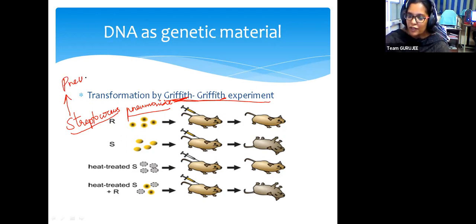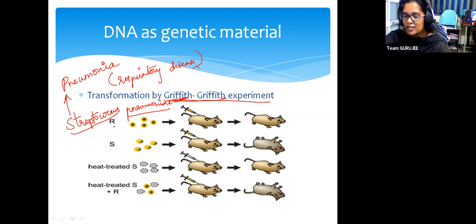What kind of disease is that? Can anyone tell? It is a respiratory disease, caused by the bacteria called Streptococcus pneumoniae.